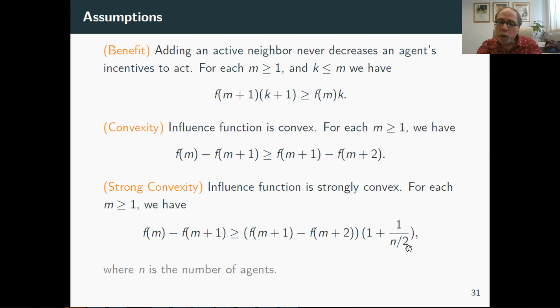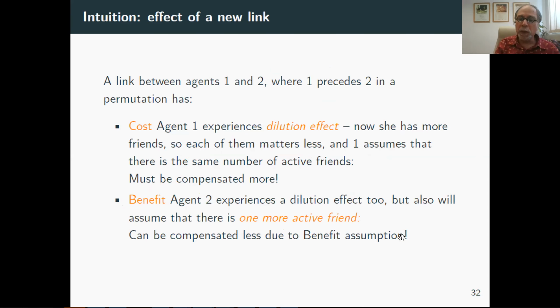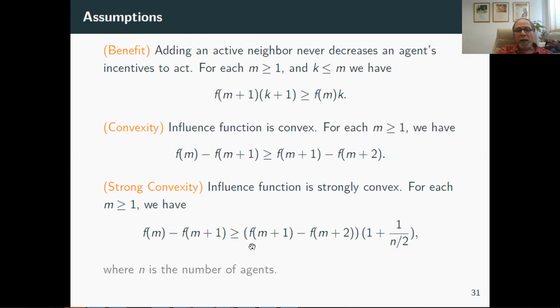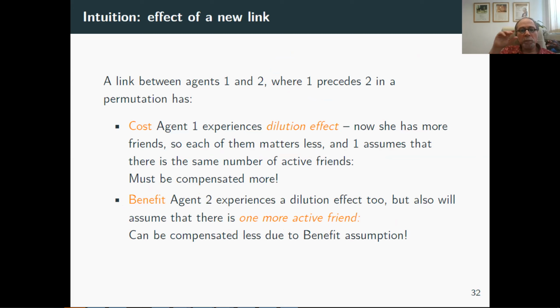But for small n, I need this convexity condition to be sharper. So this is basically the intuition of these two conditions.